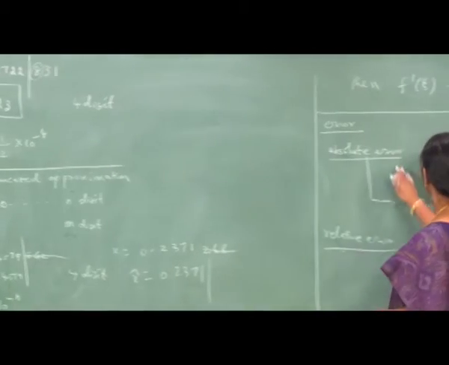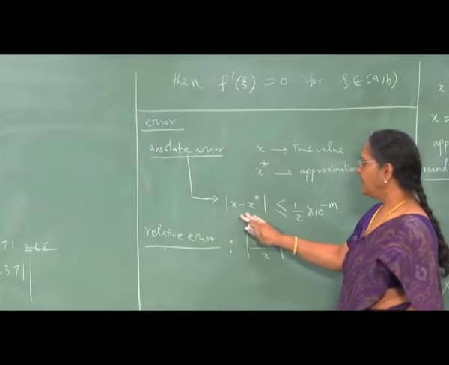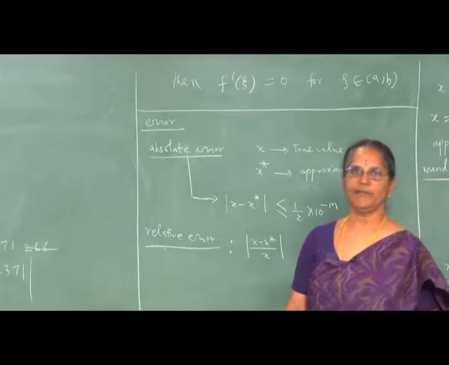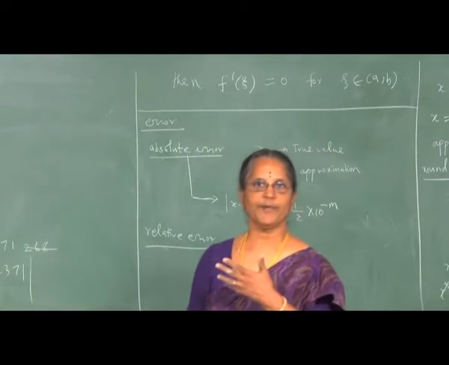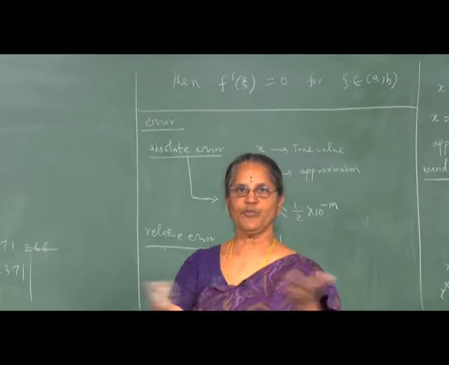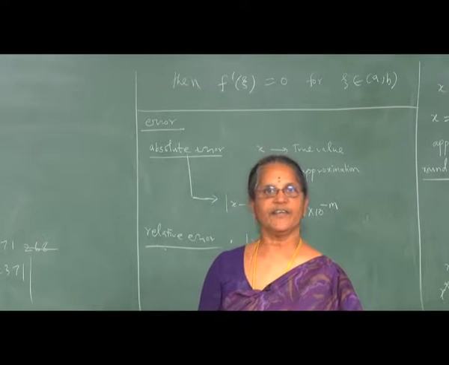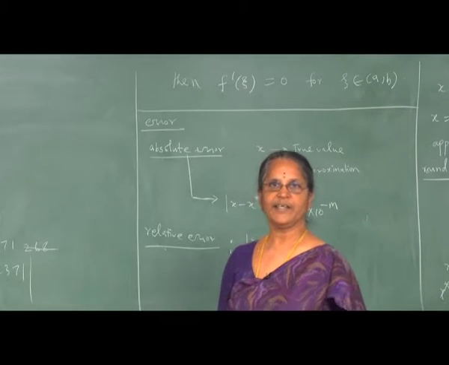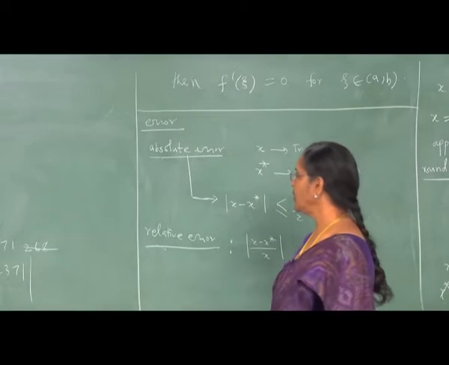When we look at the absolute error, this is a natural measure of accuracy of approximation. Namely, you have a true value and an approximate value, and the absolute value of the difference gives you the error that has been incurred.